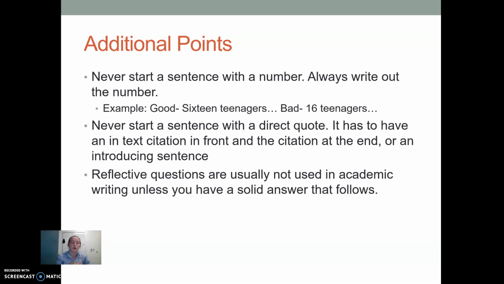So be sure to always be citing who gave you that idea. And then when you're writing, don't use any reflective questions. It makes more sense in maybe an MLA paper. But APA is a scientific type of writing, and it may seem boring, but it's straight to the point, and that is what we're looking for.